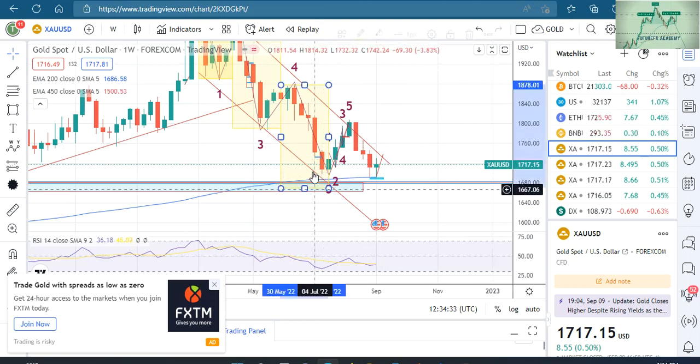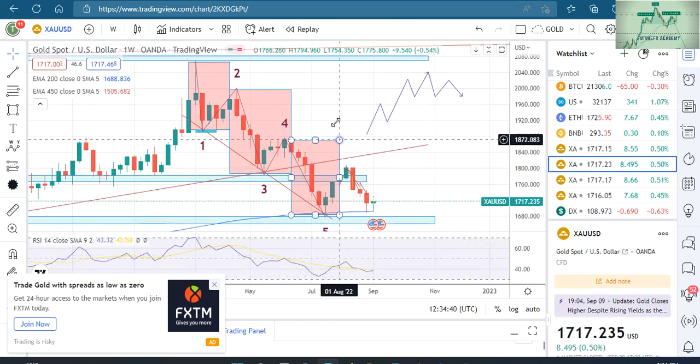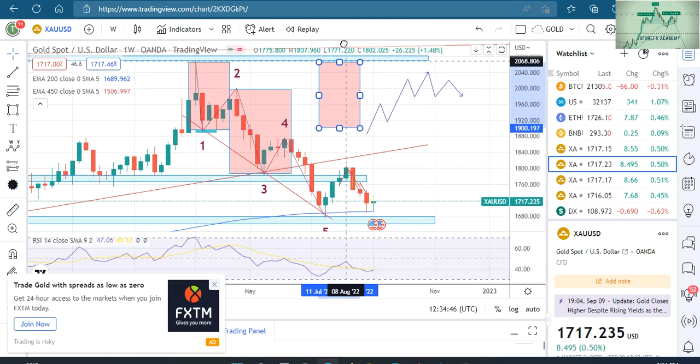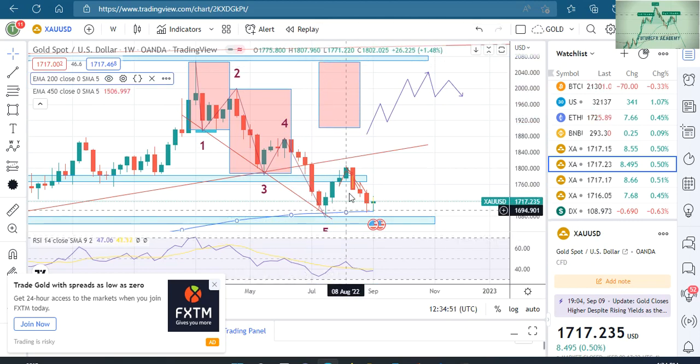Maybe I should bring down this. Or maybe I should go to next chart. Okay. It's somehow clear here. You can see the blue line here.